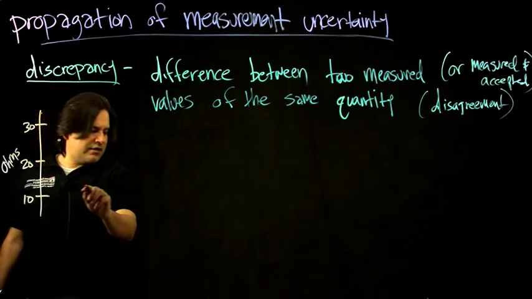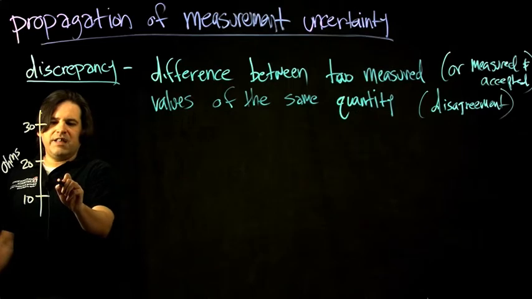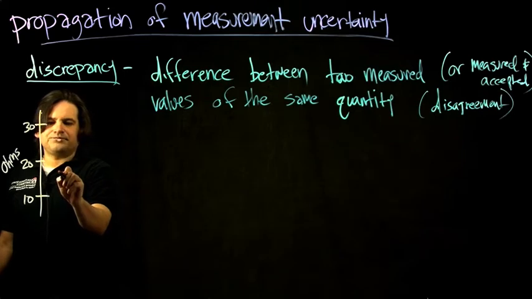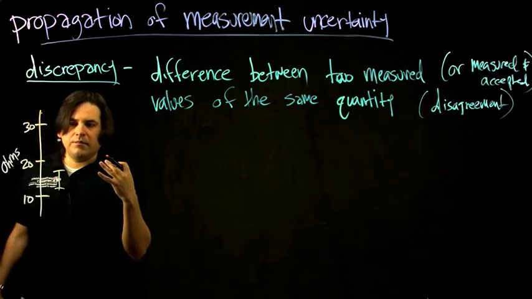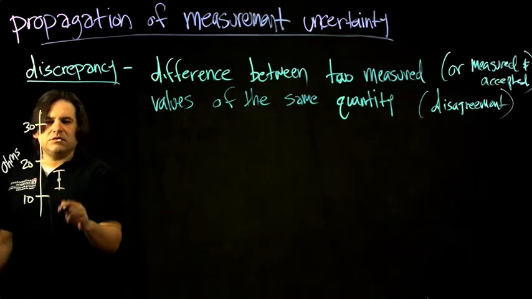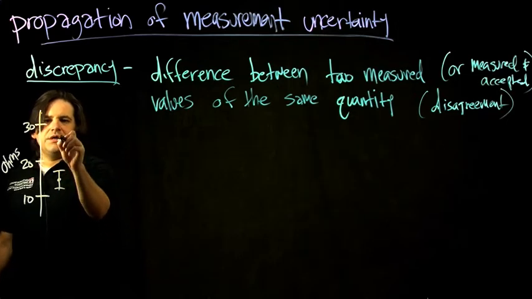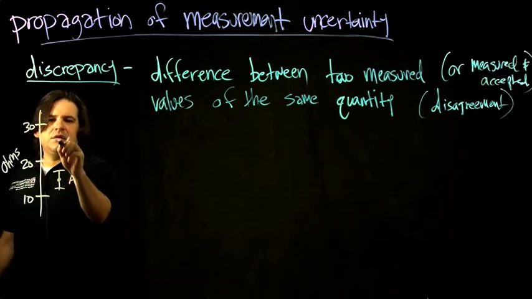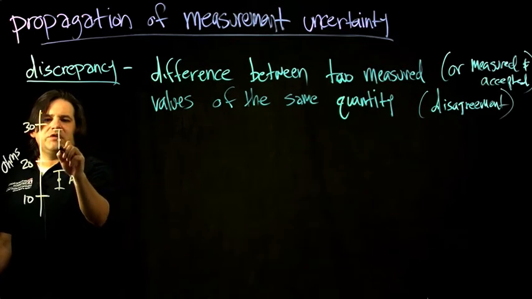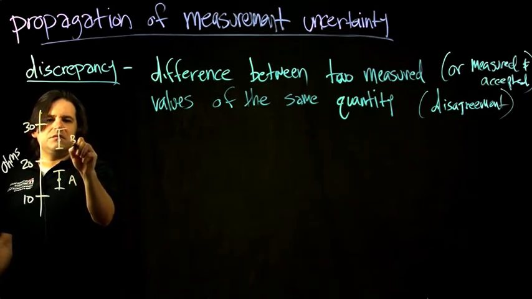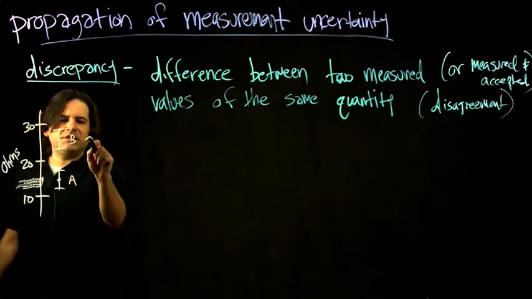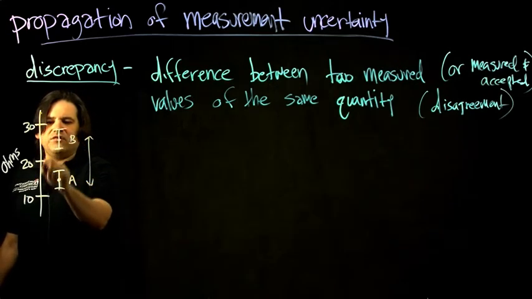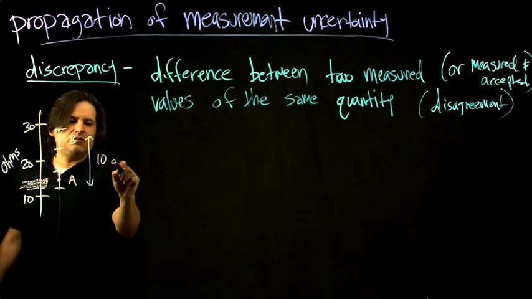Let's say person A gets a value of about 15 ohms, but in their measurement uncertainty, they properly report their best estimate and some range of uncertainty, plus or minus. Another student takes the same quantity, the same circuit, but they get a different value with this uncertainty. So in this case, the discrepancy would be 25 minus 15, so 10 ohms is their discrepancy here.